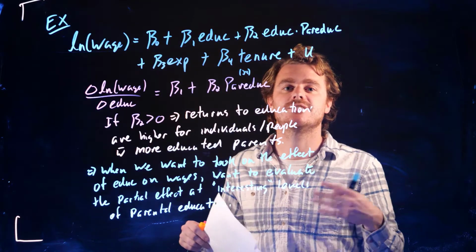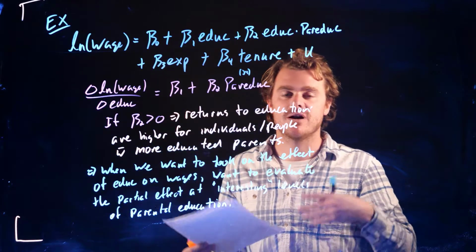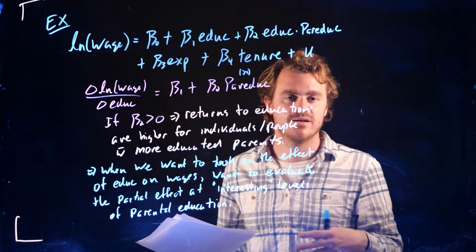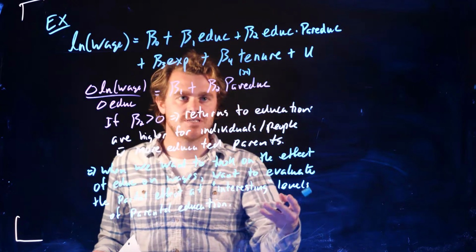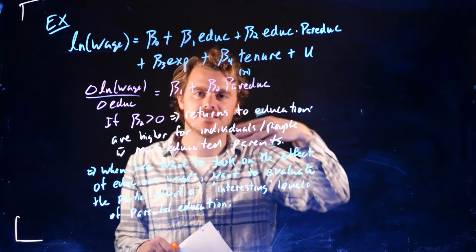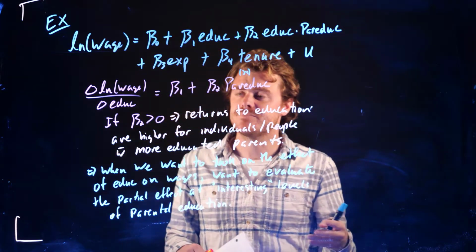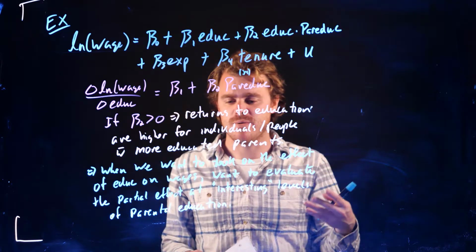Maybe we want to evaluate that at 12. So parents combined have a high school education, or parents combined have both completed elementary school. It depends on the scenario we're interested in, what is an interesting level. Here it's maybe not that obvious because it's two numbers added up. But in other cases it might be obvious what you want to evaluate it at.